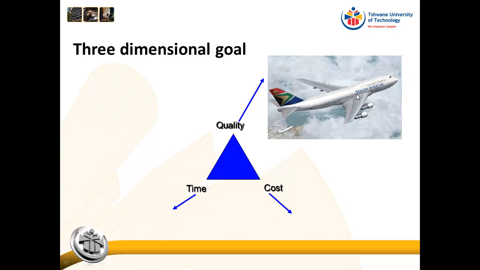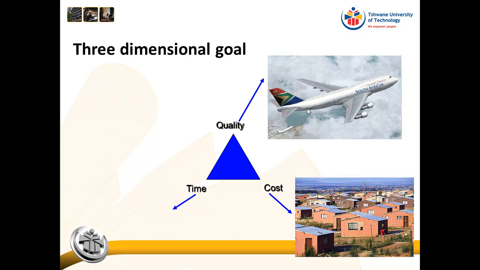Well, if I'm flying in an aeroplane and I'm sitting up there at 10,000 feet, I sincerely hope that quality was the most important criteria which was taken into account when building the aeroplane. Otherwise, it will crash, and I wouldn't really like to die so young.